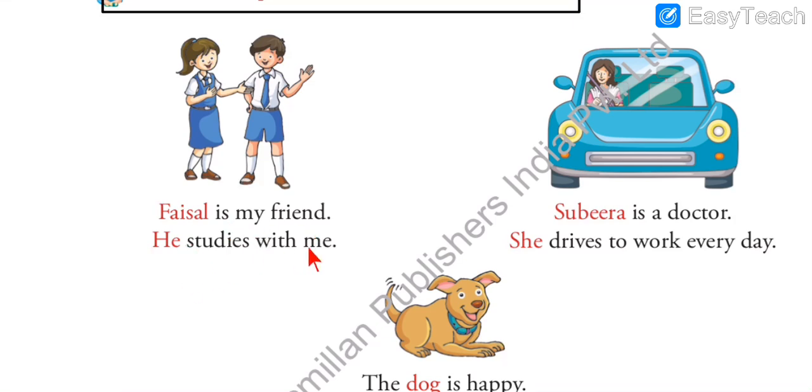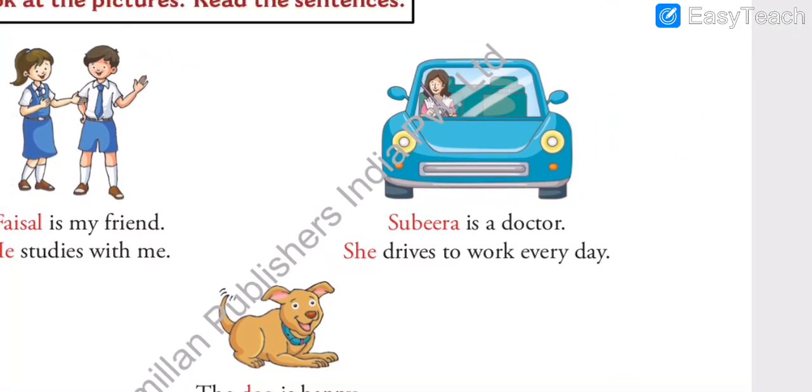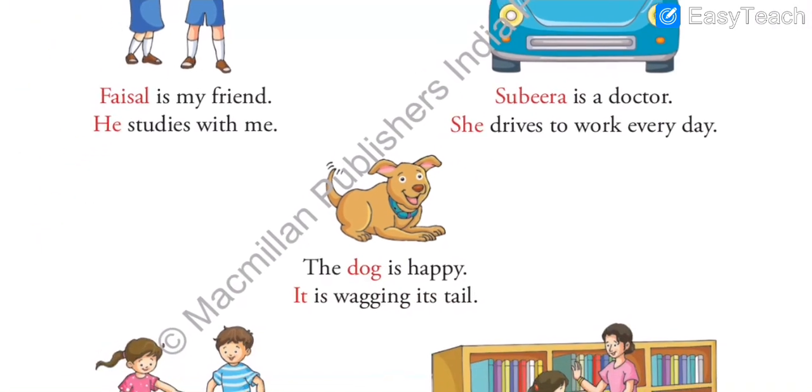He studies with me. See, Faisal and he both are highlighted, in short, both are in red color. And then let's see this picture. Subira is a doctor. She drives to work every day. Again, Subira and she both are highlighted in red color.